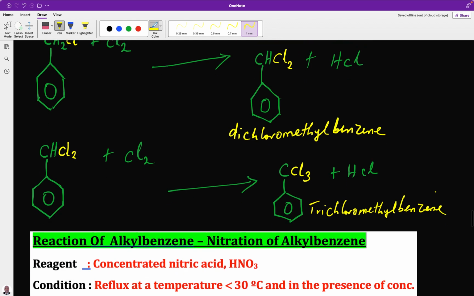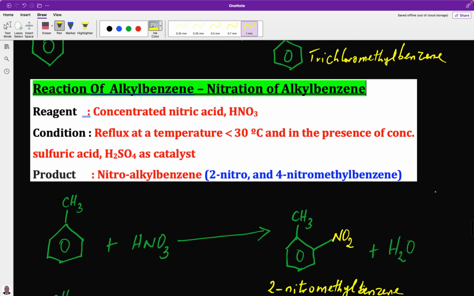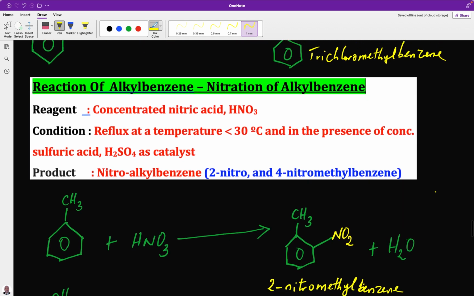We went further to the nitration of methylbenzene, nitration of the alkylbenzene. As I told you, if you want to know the mechanism of nitration of benzene, you visit our previous video on the reaction mechanism. Now, this is an alkylbenzene, methylbenzene, that is reacting with the same reagent.